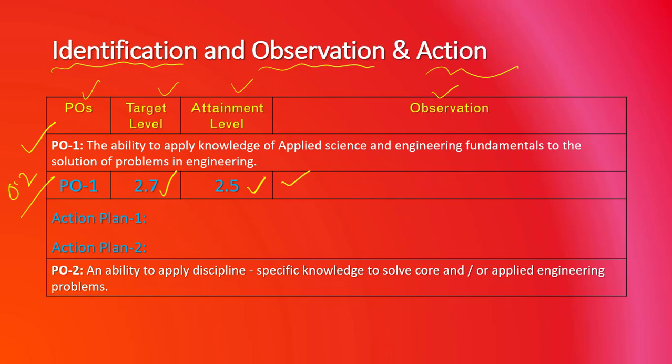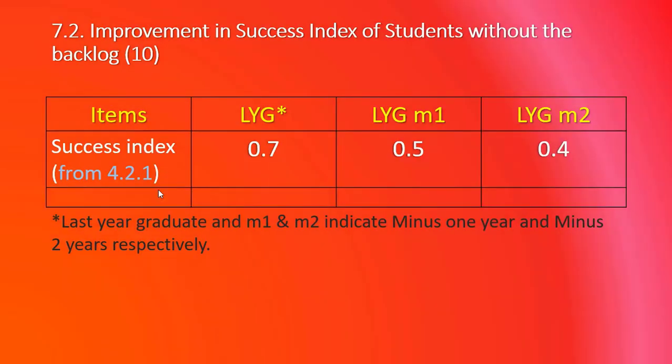Based on the identification and observation, the action plan has to be stated in this section. The action may be 1, 2 or 3, anything. Action plan has to be stated.